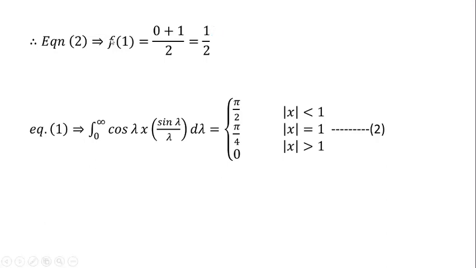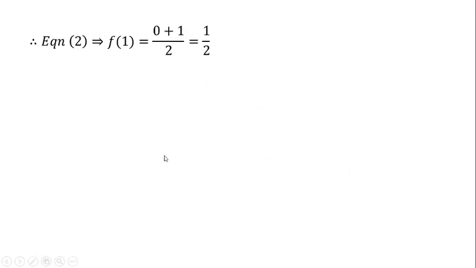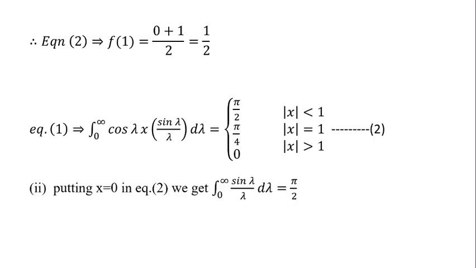So put in equation 2, so f of 1 will be 0 plus 1 by 2. Substitute it over here. So 1 by 2 into, what I have done, you can see in the earlier case, I have multiplied this complete expression of f of x by pi by 2. So what we have is 1 by 2 for mod of x equal to 1. Multiply that by pi by 2. So what we will have? So we will have this as pi by 4.